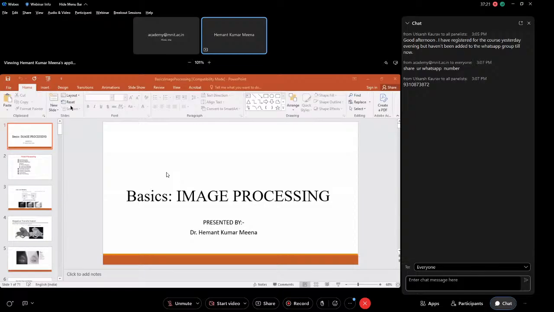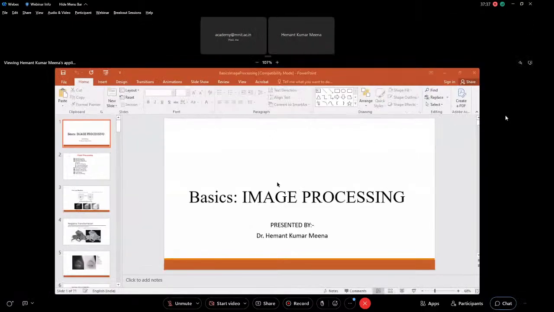In that context, image processing is a very important component. Today it has been the major application in signal processing, whether you take normal image processing, medical image processing, or satellite image processing.